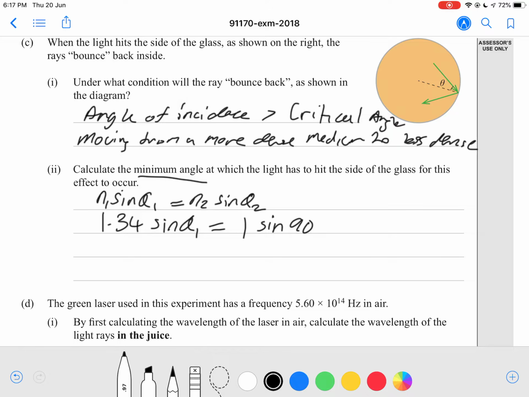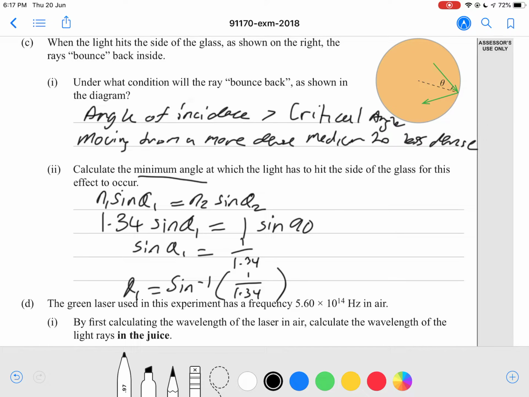So sine theta 1 equals 1 divided by 1.34. Therefore theta 1 equals the inverse sine of 1 divided by 1.34.